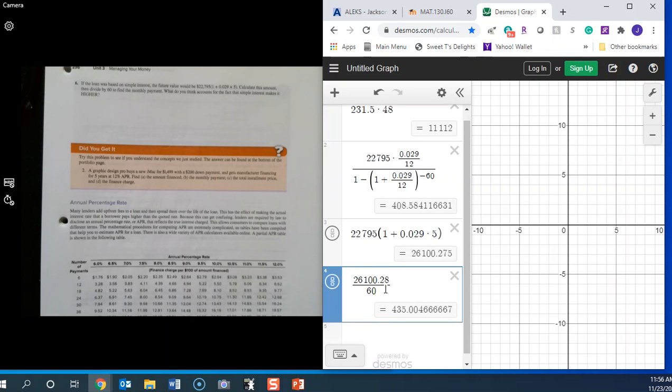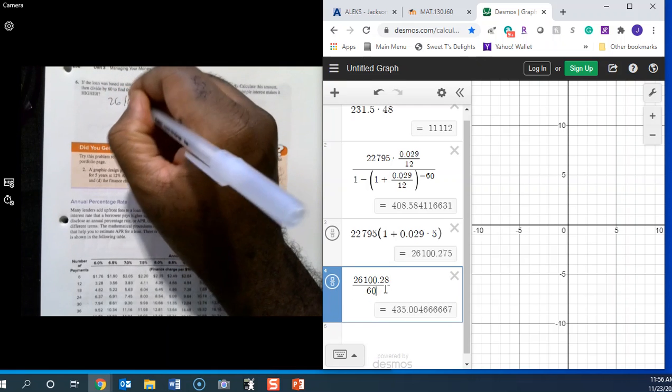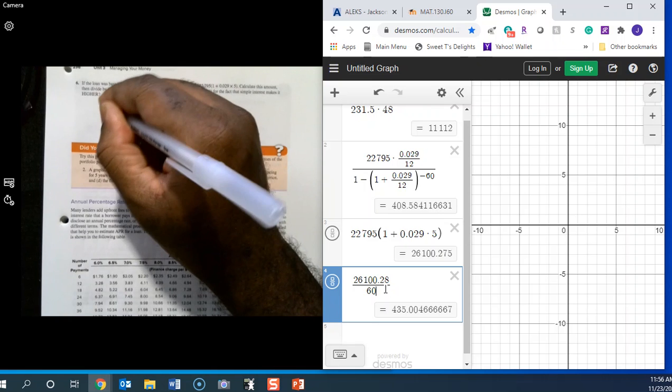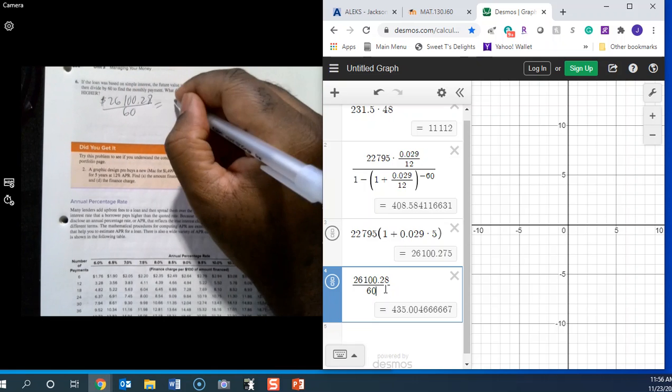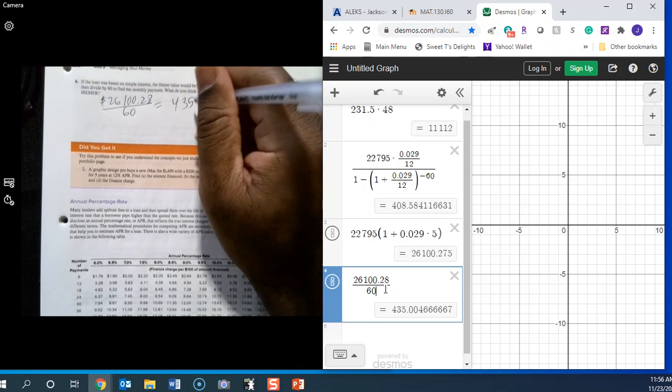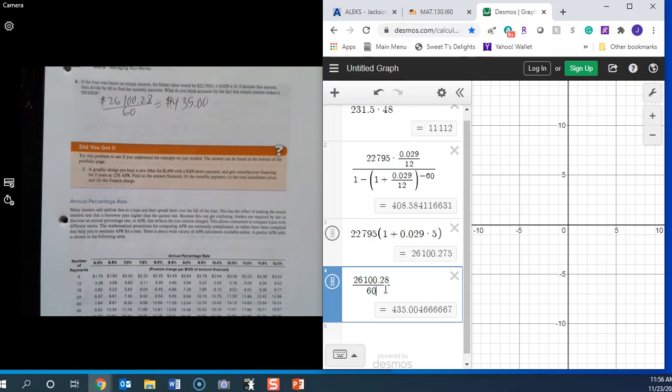So the monthly payment, so we were at $26,100.28 all over 60, which gave us $435 if we round it to two decimal places. So that's how much the monthly payment is. Now remember, on the previous page, the monthly payment was $408.58. They want to know why simple interest monthly payment is higher.